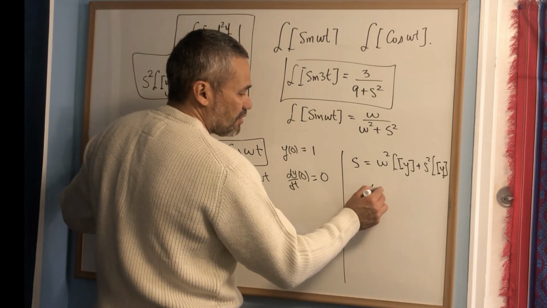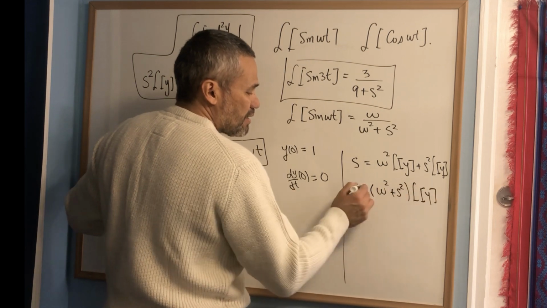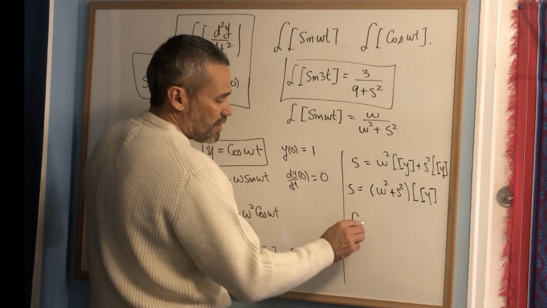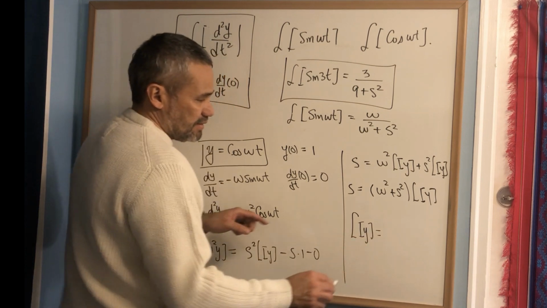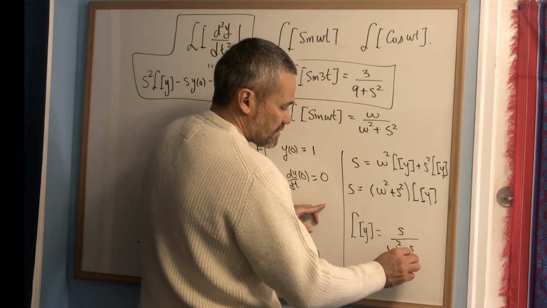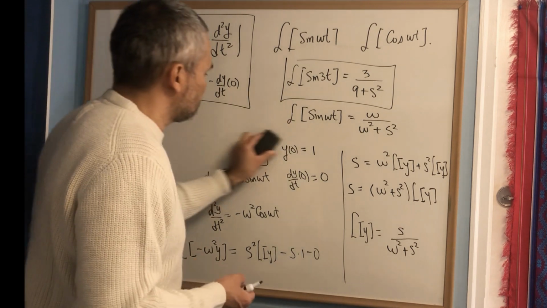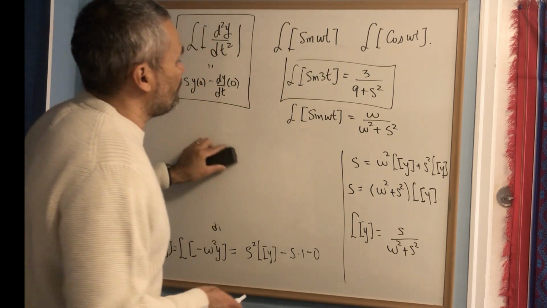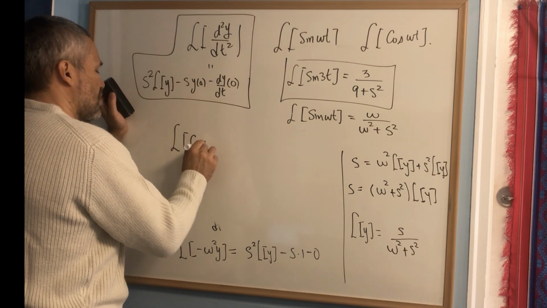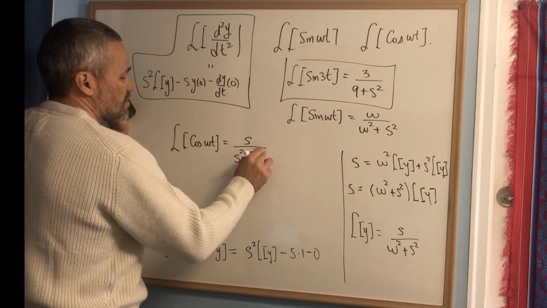We can factor: omega squared plus s squared times the Laplace transform of y equals s, and then we solve for the Laplace transform of y, and we get s over omega squared plus s squared. Then we have shown that the Laplace transform of cosine of omega t is just s over s squared plus omega squared.